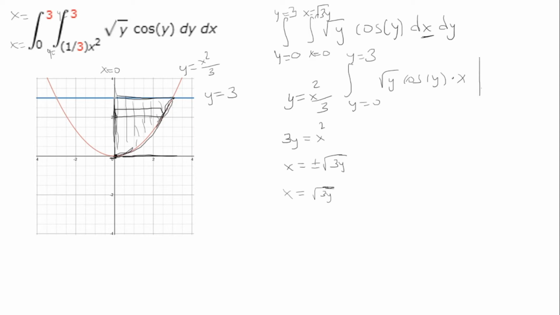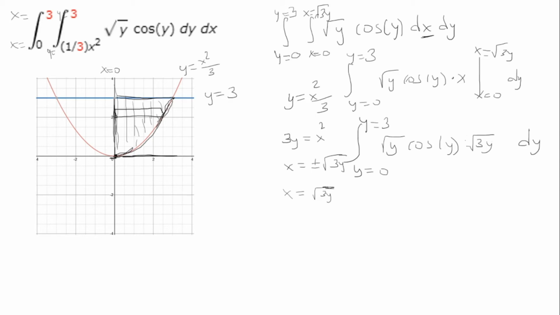Now for this inside integral, we're going from x equals 0 to x equals square root of 3y. So I can factor out the constant, and I'm going to plug in square root of 3y, and if I plug in 0, I get 0. So there's no point of plugging it in. And then I'm going to integrate from y equals 0 to y equals 3.